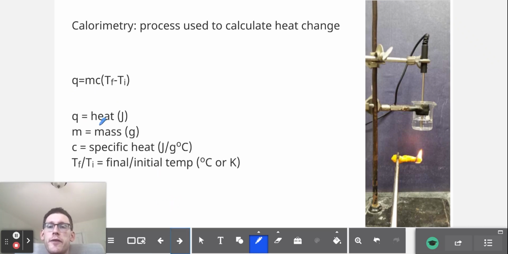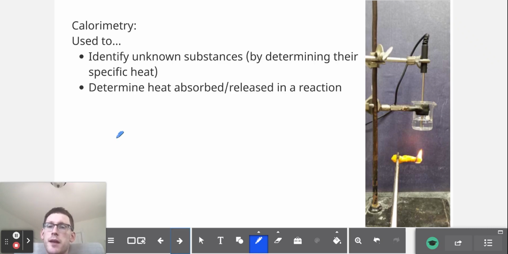The Q stands for the heat, that's in joules. M is the mass, C is the specific heat, and Tf and Ti are the final and initial temperatures of whatever is changing its temperature. So we can use Q equals mc delta T to figure out the heat absorbed by the water in this case.